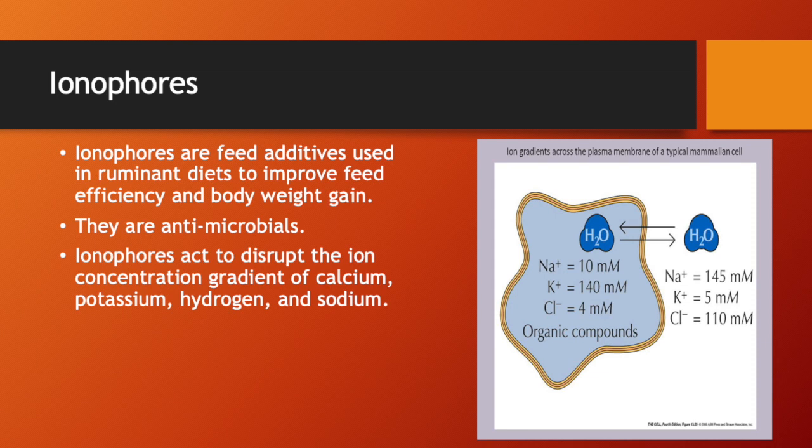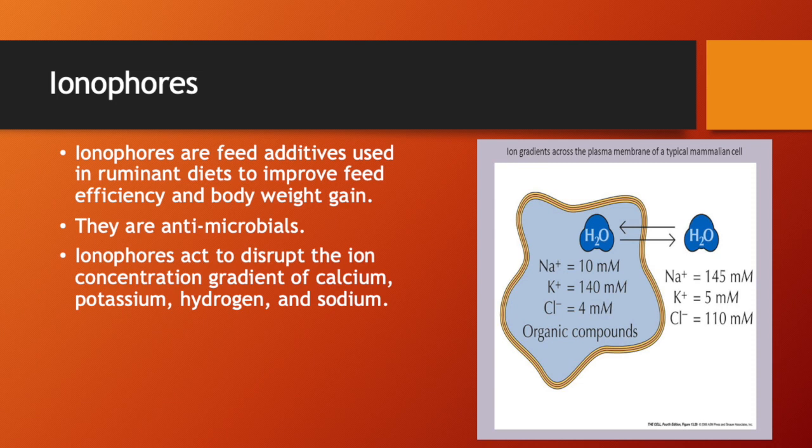So to fully grasp Monensin and what it does, we first need to understand what it is. It's an ionophore, which are feed additives used in ruminant diets to improve feed efficiency and body weight gain. They're antimicrobials, which means they go in and disrupt the microbial population that exists within the rumen.